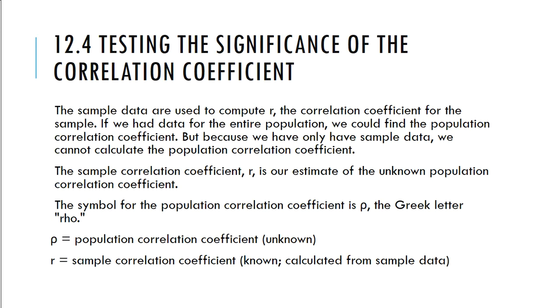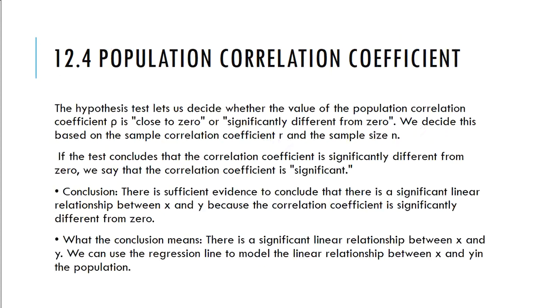So we refer to the population correlation coefficient as rho, and it really looks like a P. It's a Greek letter. So rho is your population correlation coefficient, and it's unknown. R is your sample correlation coefficient, and it's known. So think about if you put it in your calculator, it's the sample because there's no way you can put a population in your calculator.